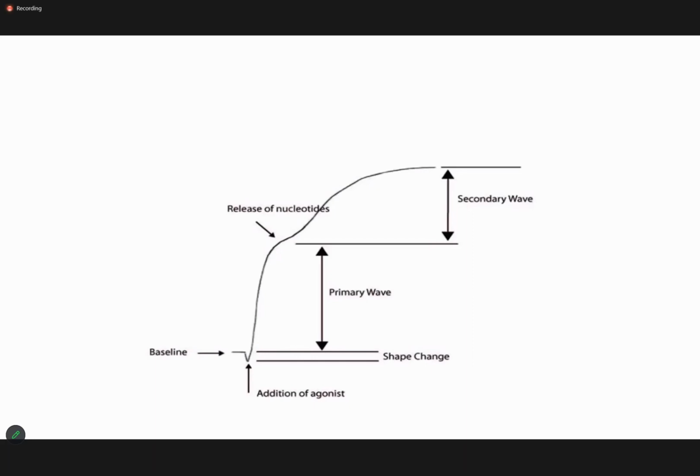This just shows you the normal pattern of aggregation, where you have a baseline, at this time you only have platelets, but after the addition of agonists there is a slope. After that, because of activation and shape change, we start to release nucleotide granules, which produce a secondary wave.